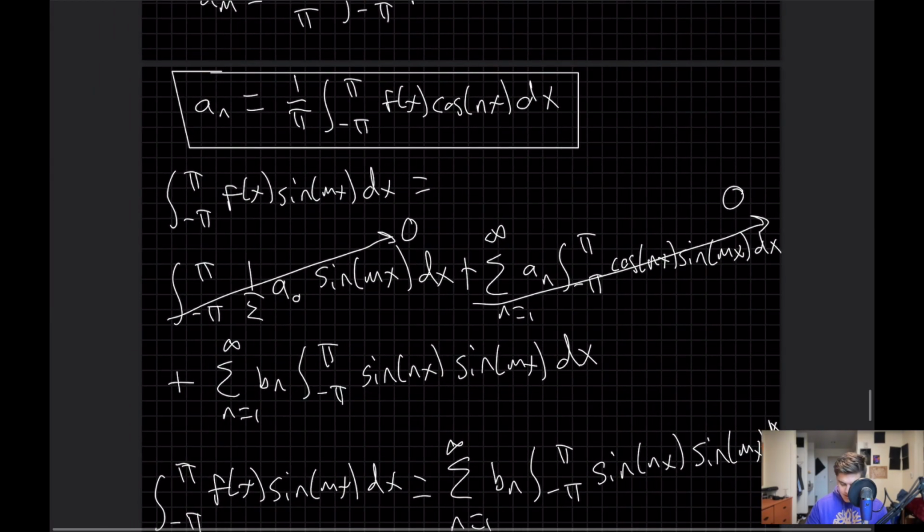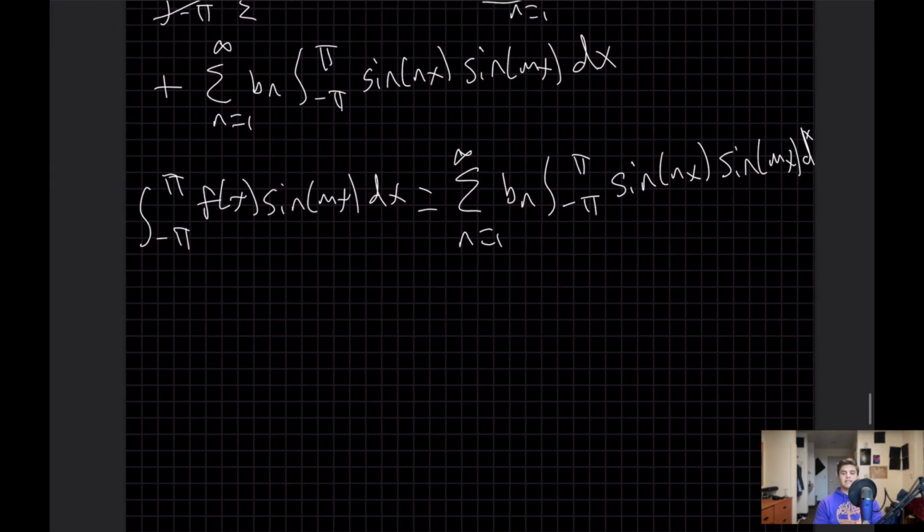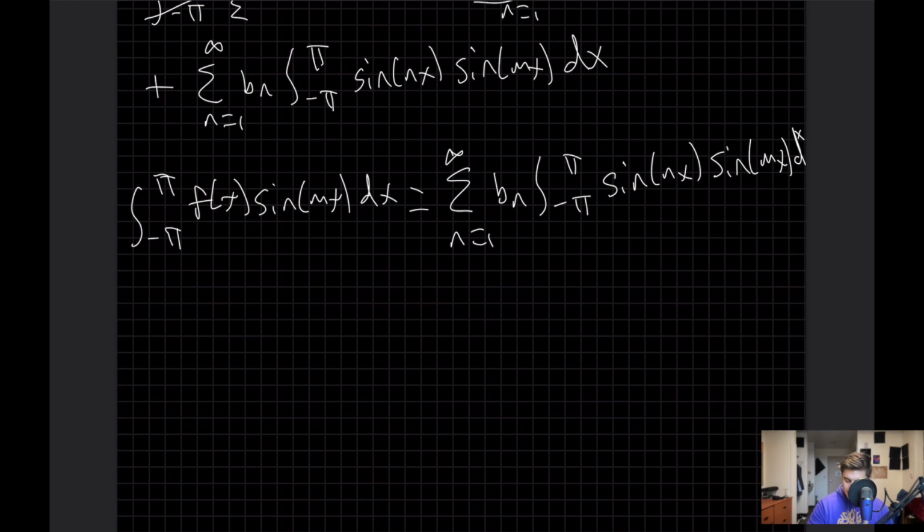So what we're looking at is the exact same thing. Now, if n does not equal m, this integral goes to 0. If n equals m, it means something.